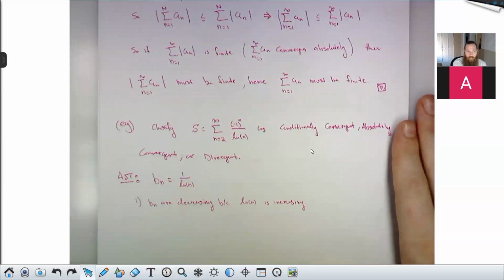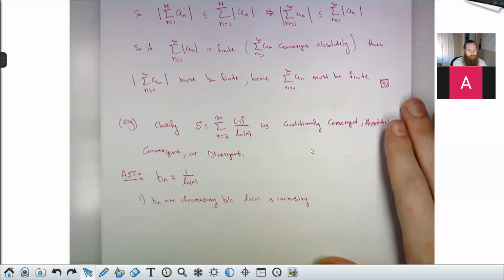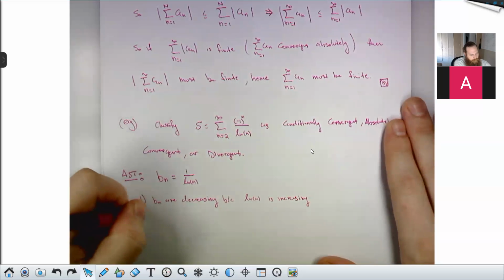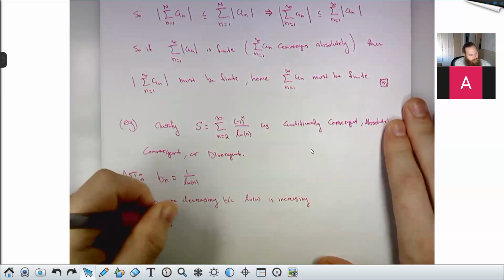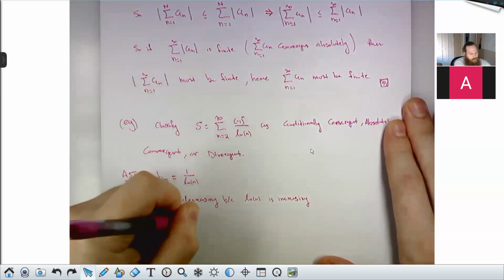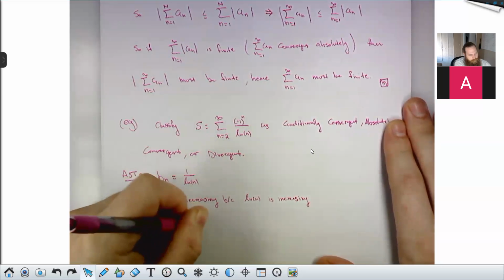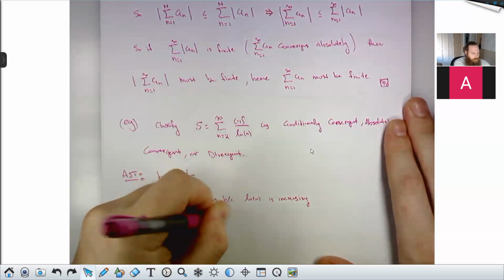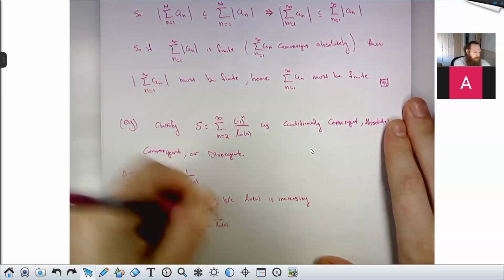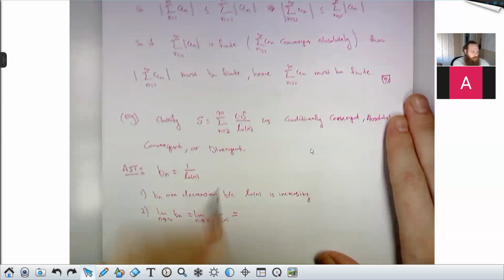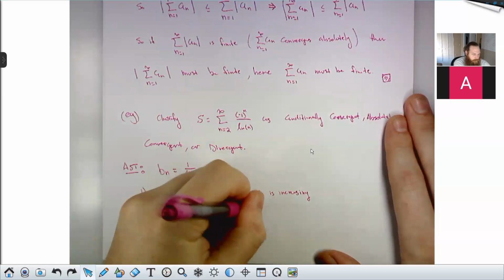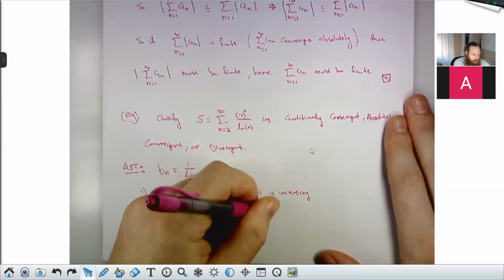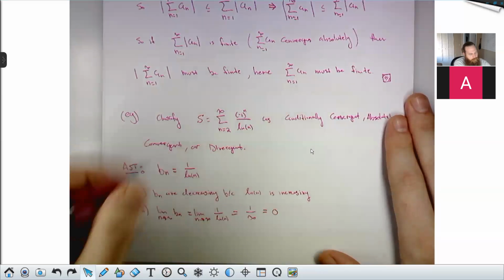Picture the graph of the natural log, it's always going uphill. And the limit of the bn's is the limit as n goes to infinity of 1 over the natural log of n. And the natural log limit is one we've talked about a bunch. As n goes to infinity, the natural log of n goes to infinity.